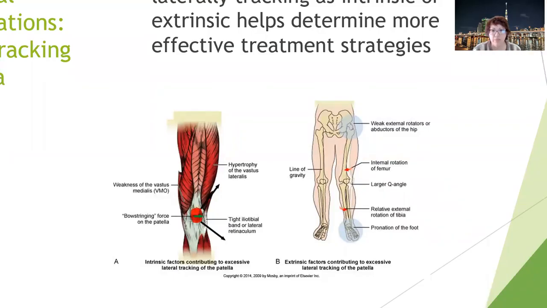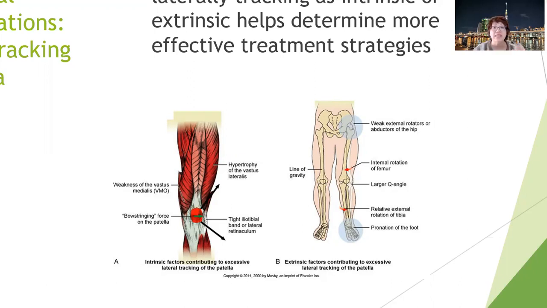So this diagram from the book shows some different intrinsic and extrinsic causes of lateral patellar tracking. Intrinsic factors are things that are in the knee itself that are going to cause that. So weakness of the vastus medialis, or sometimes they talk about the vastus medialis obliquus, VMO, which is the portion of the vastus medialis where the fibers run obliquely, just medial to the knee.